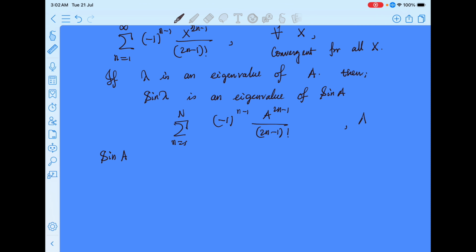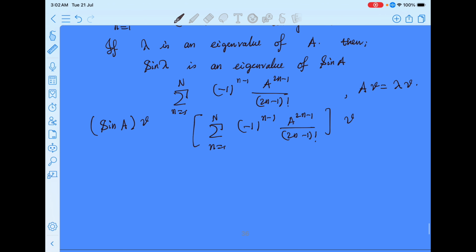So let's say it's an eigenvector: AV equal to lambda V. Then we have to compute sin A of V. The sum n from 1 to n, minus 1 to the power n minus 1, A to the power 2n minus 1 divided by 2n minus 1 factorial, of V. So if AV equals lambda V, then A squared V equals lambda squared V, and so on.